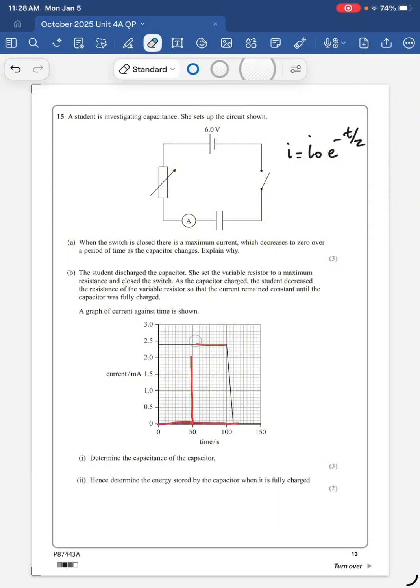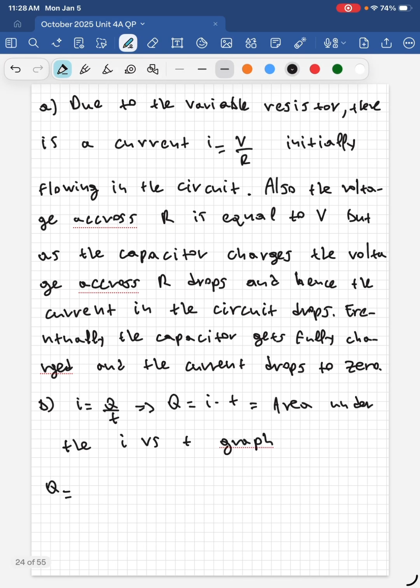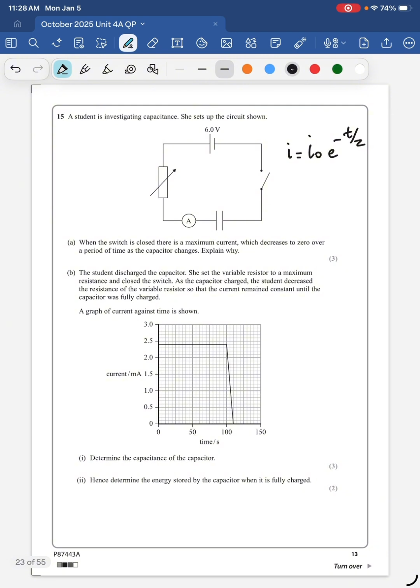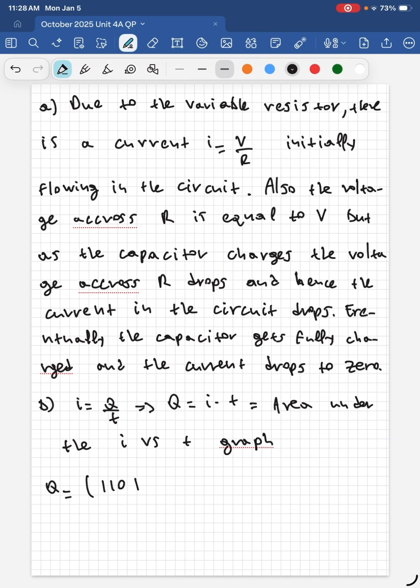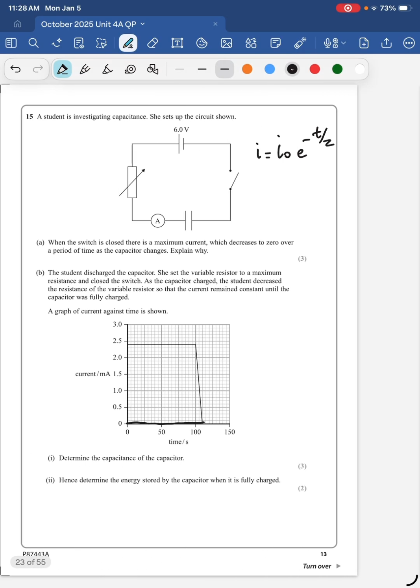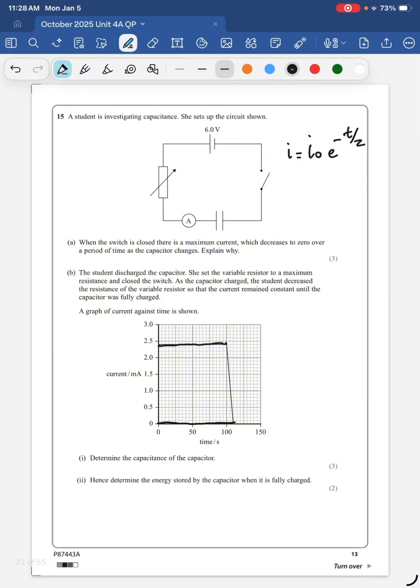So let's write this down. This base is 110, okay? So 110 plus 100 for the second base, which is up there.